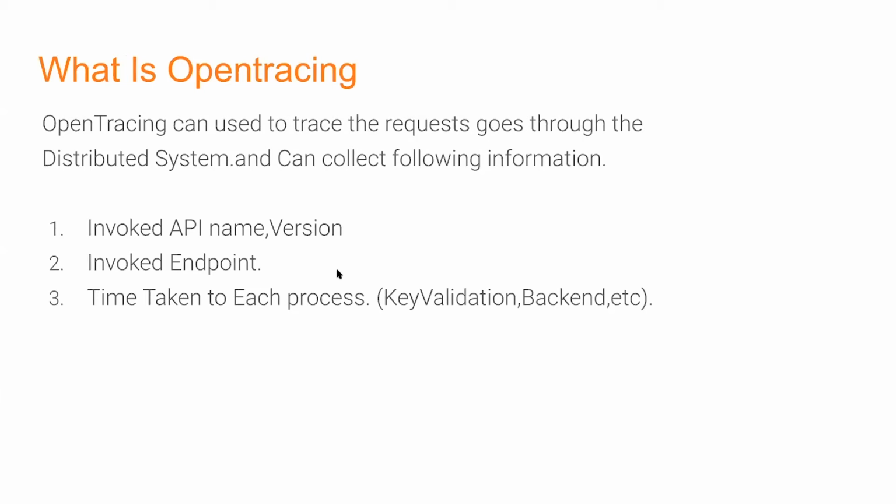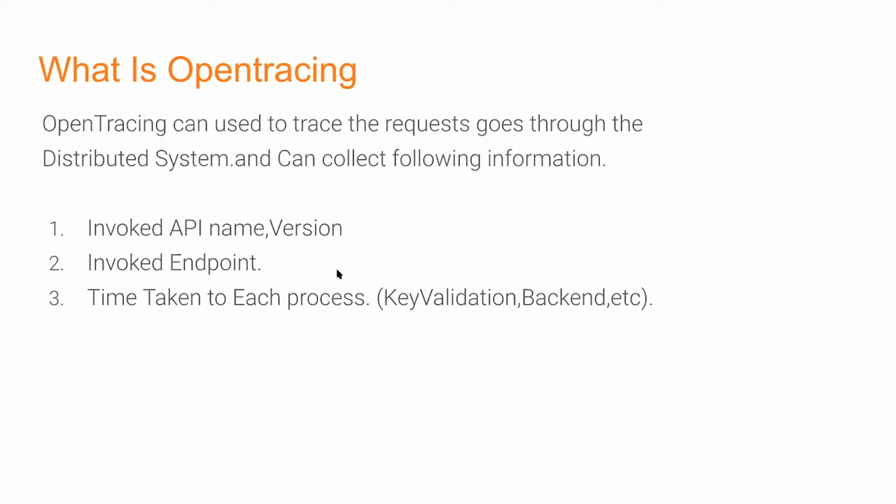So in that case, users need to know from which point to which point the request goes. If you have open tracing implemented on your clients and services, then you can streamline the request through open tracing.